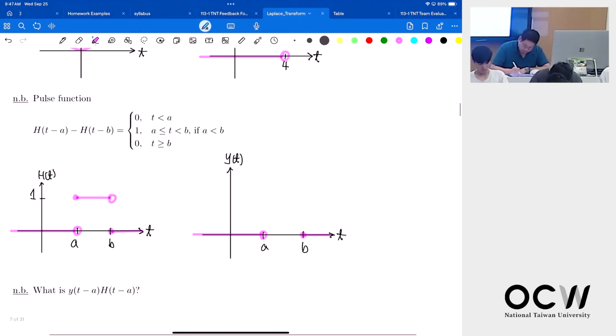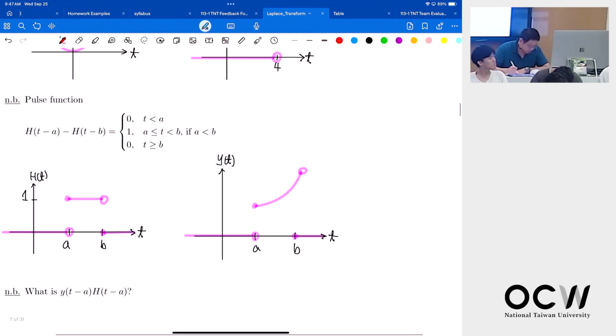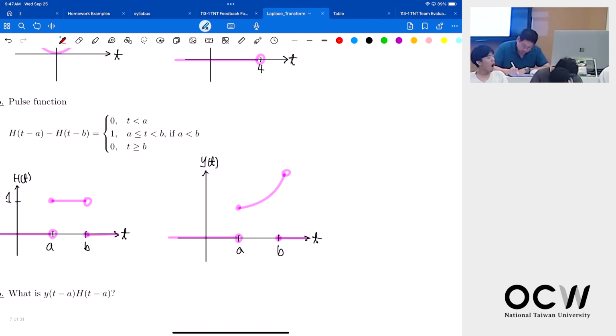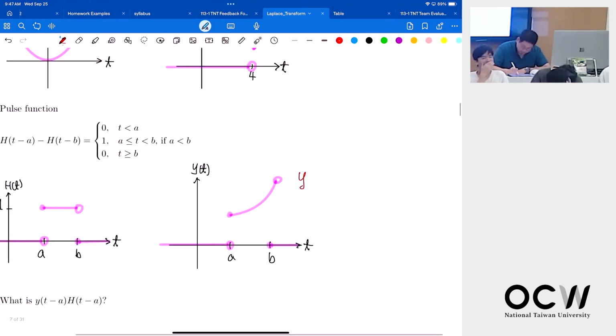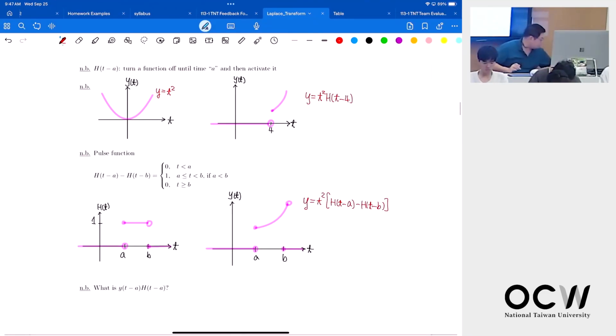And then between A and B I have a value. This y is t squared times the pulse function.